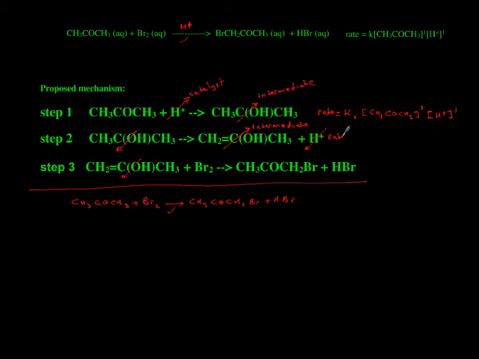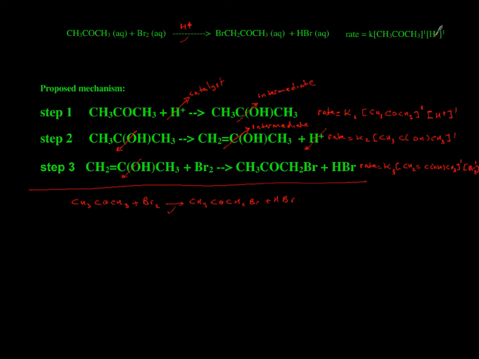The second one has rate equals k2 times the unimolecular, a single molecule breaking into 2, power 1, and finally the last one is bimolecular, which is CH2=C(OH)CH3 times bromine.